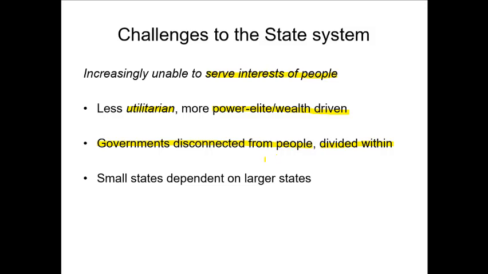And the United States is witnessing that right now with our two-party system, constantly bickering between the parties as to who's going to control Congress, who's going to control the courts, who's going to control the presidency. And if we start to see increasingly smaller states because of fracturing, which we'll talk about in just a second, they are going to be increasingly dependent on larger states, which is pretty much defeating the purpose of the state system if you're creating states that really can't even handle their own business.